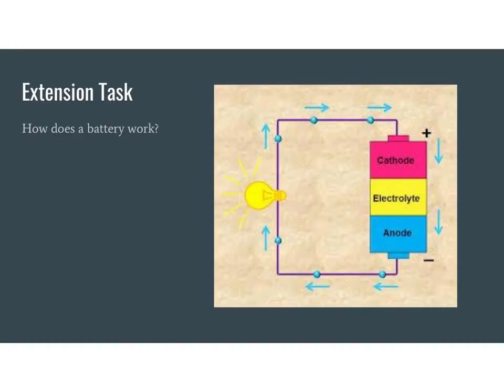Okay, here's an extension task. What I want you to do is pause the video and go explore, how does a battery actually work? Because a battery provides a potential difference.